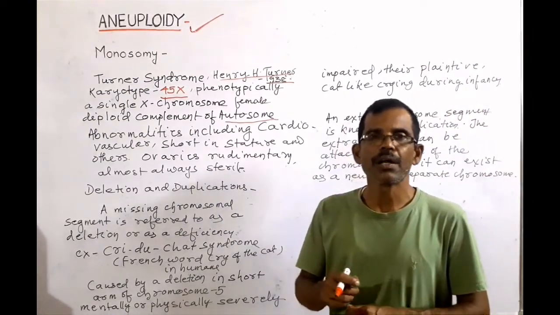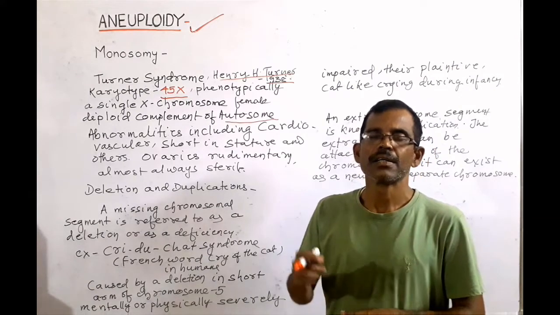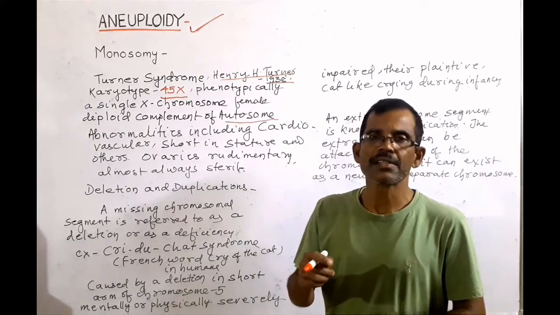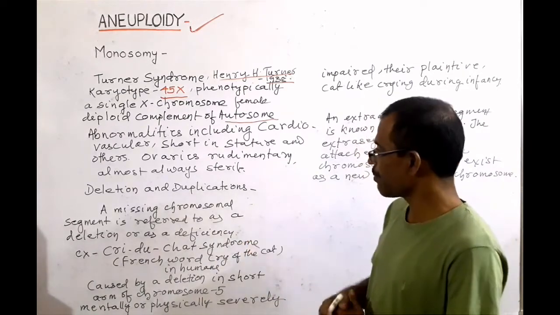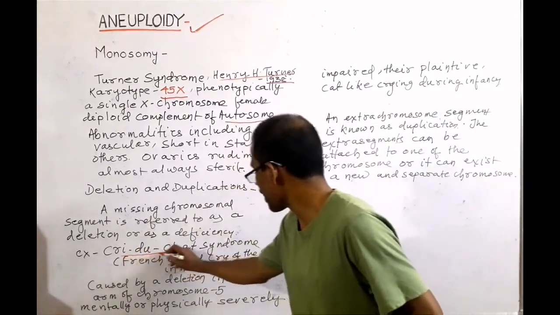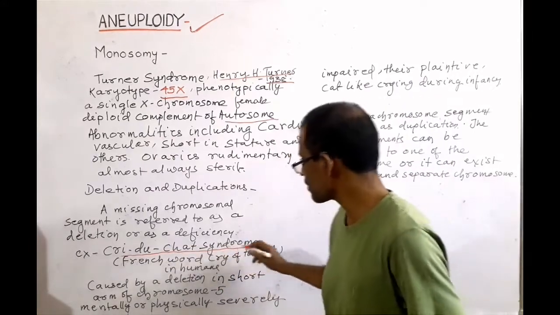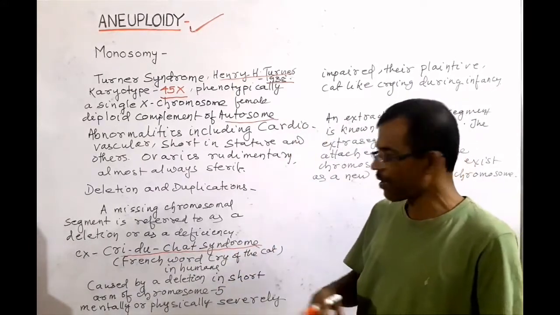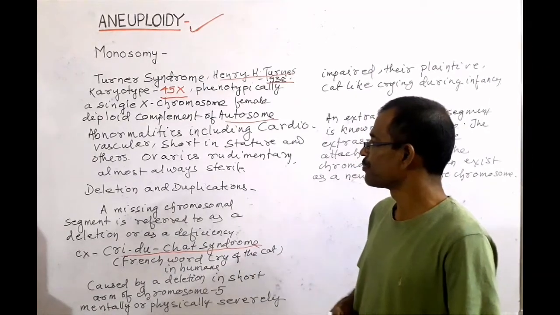An individual in which an arm of a chromosome is missing is also considered aneuploid. So now we shall discuss another syndrome known as Cri-du-chat syndrome. The term Cri-du-chat is derived from a French phrase that means cry of the cat.